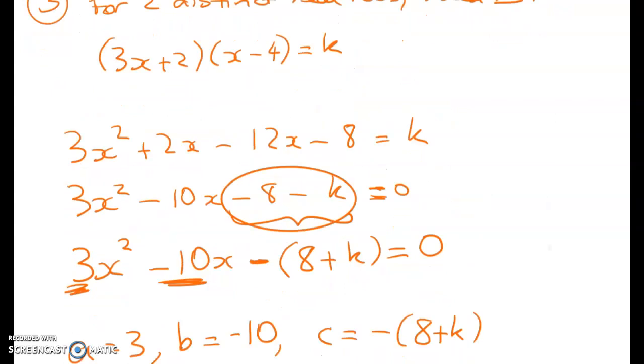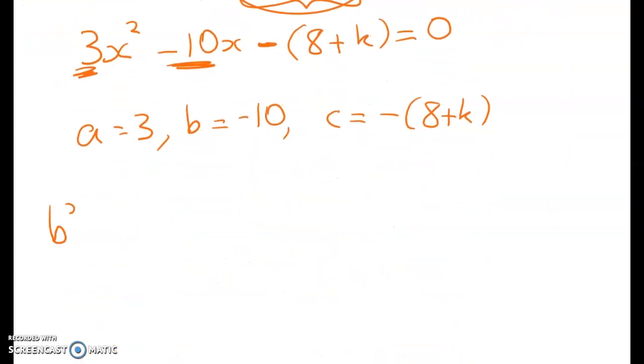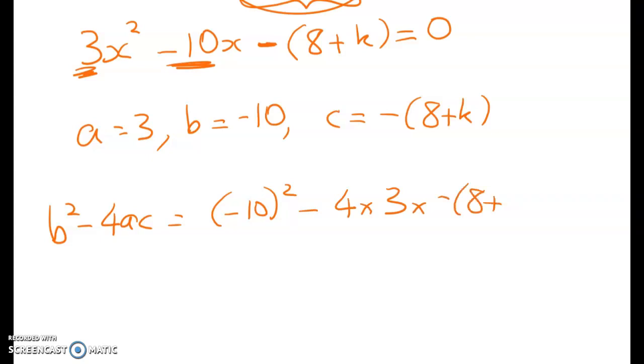And we need to have the discriminant being strictly positive. So B squared minus 4AC is equal to negative 10 squared minus 4 times 3 times negative (8 + k).